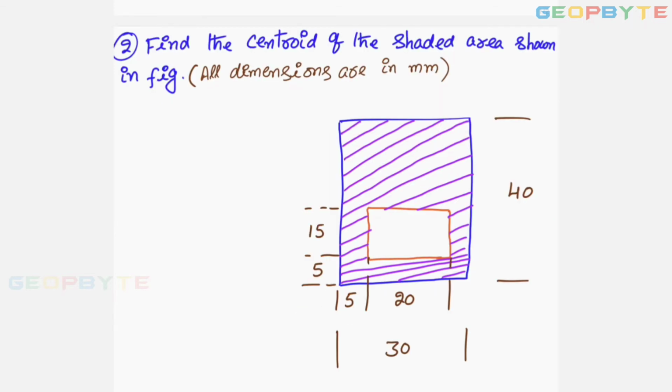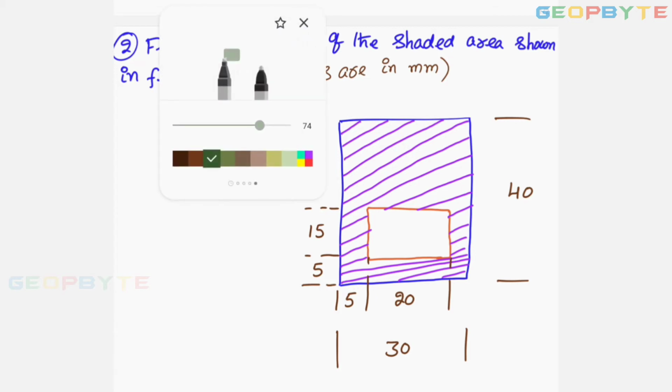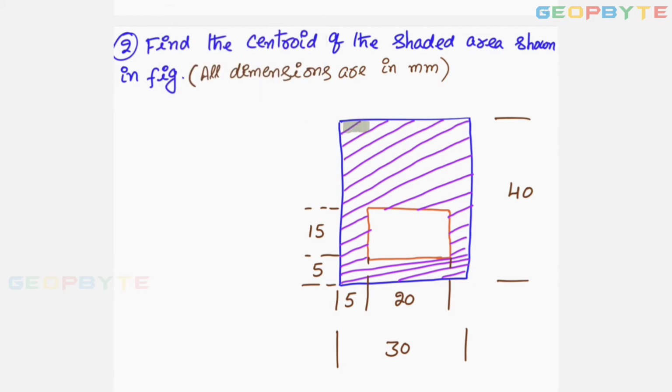Look at the second problem. Find the centroid of the shaded area shown in the figure. For the shaded part, you are asked to decide the centroid. The shaded part is this one.